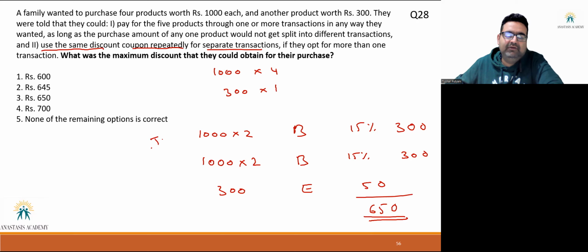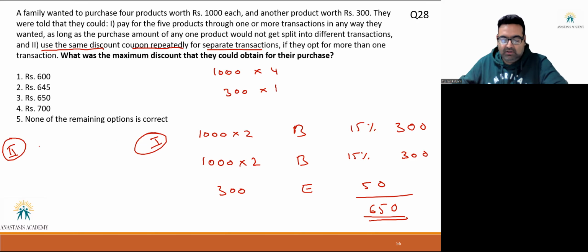This was one scenario which I created. In fact, I was discussing with someone. There was a third scenario also, but the answer was again coming 650. I'll share the second scenario which I created. One bill where there was a 1,000 rupee item and a 300 rupee item together.